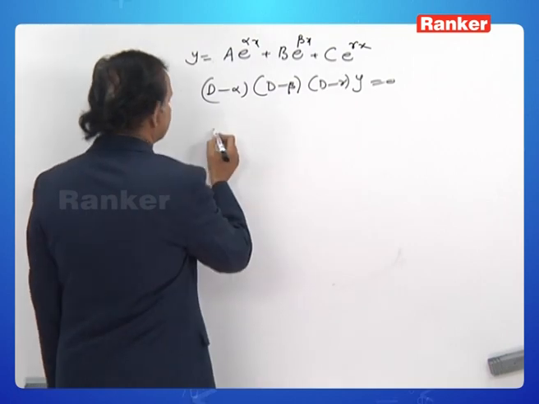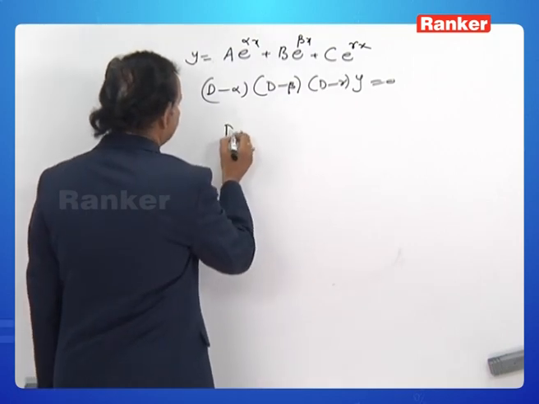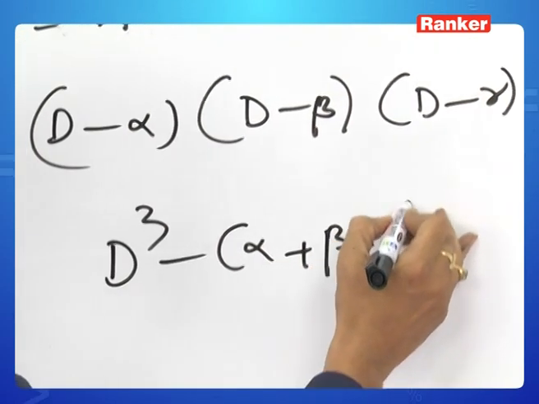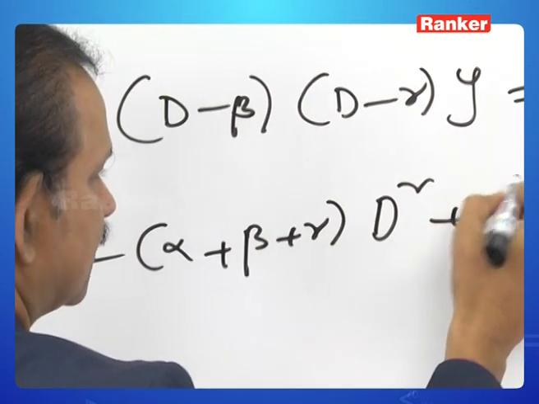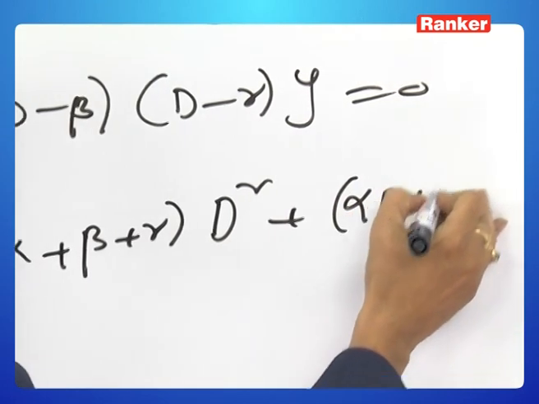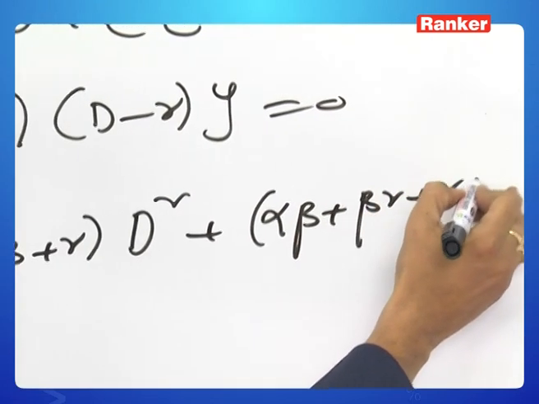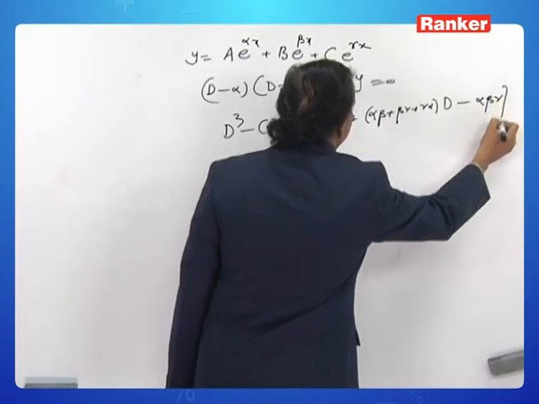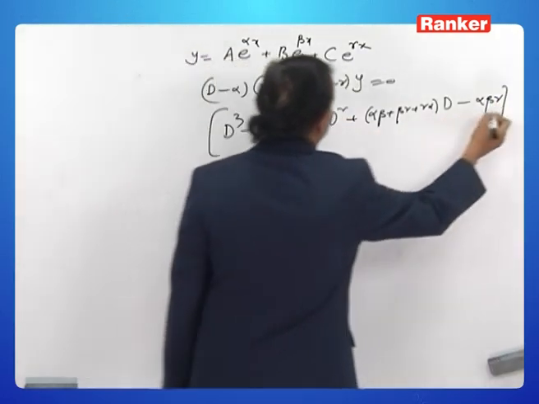That is, look here, this is d cube minus (alpha plus beta plus gamma) into d square plus (alpha beta plus beta gamma plus gamma alpha) into d minus alpha beta gamma of y is equal to 0.